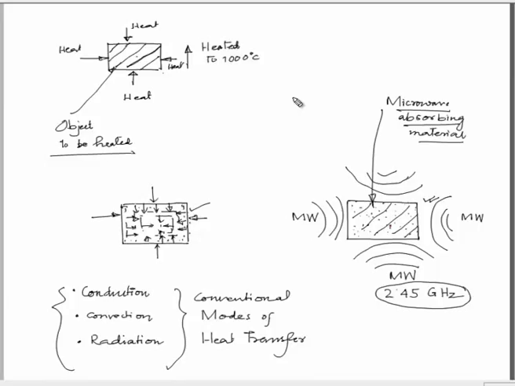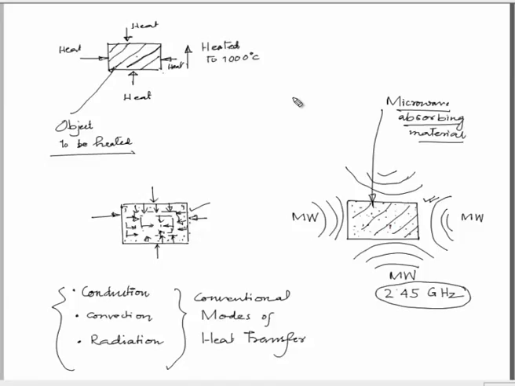There are different mechanisms, say for example, if it is a water, there will be a mechanism associated with this, like how the water molecules will interact with this electromagnetic waves and will get heated up. Similarly, if it is a solid material, then the mechanism may be different, it is different, and so on.